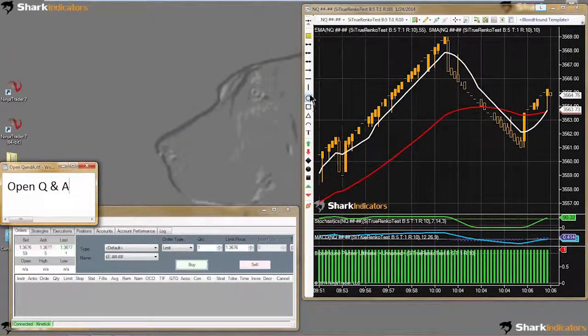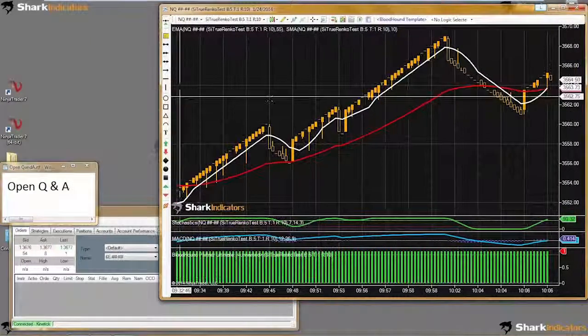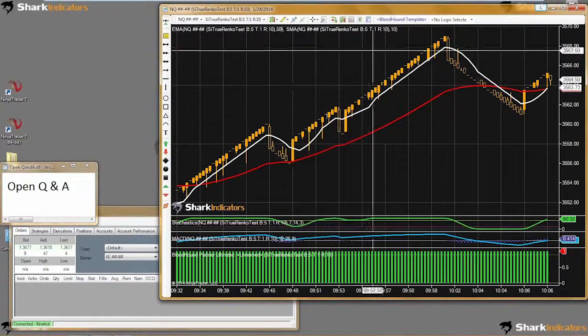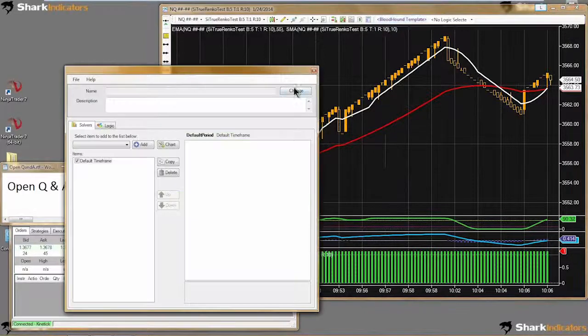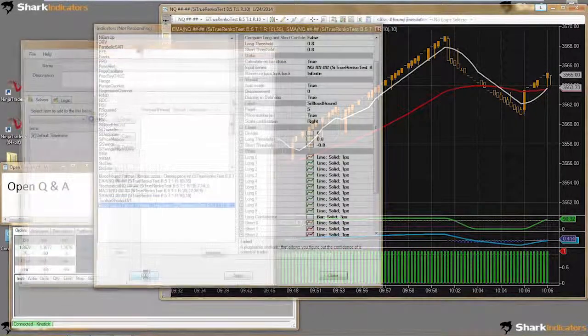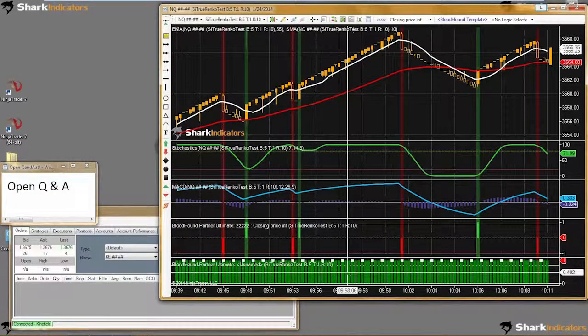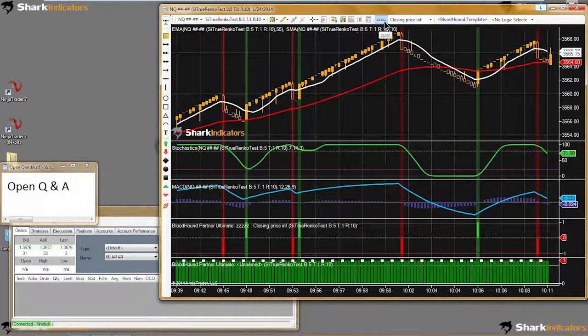Let's try a little experiment. BloodHound was not originally set up to do that, but maybe we can just try a quick little experiment here. I'm going to take this instance of BloodHound and load the same ZZZ file into the BloodHound that's going to be loaded into BloodHound.